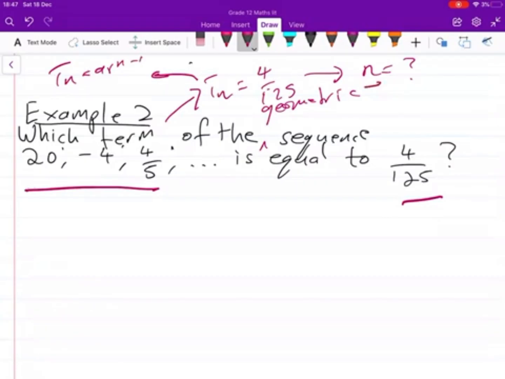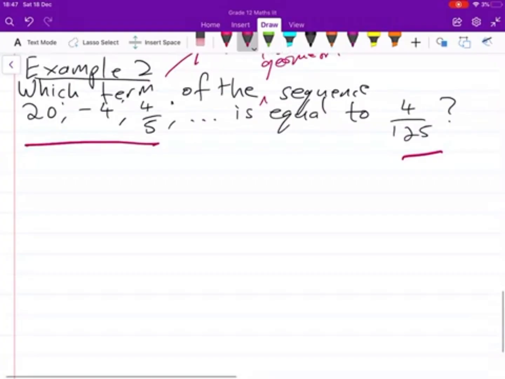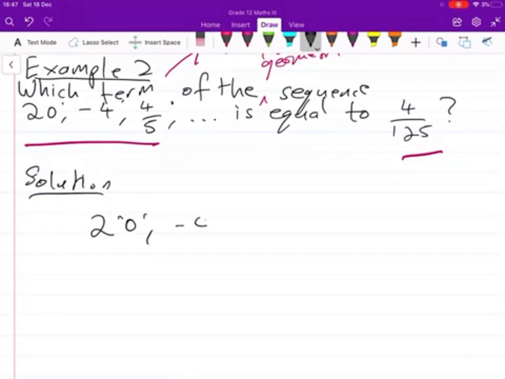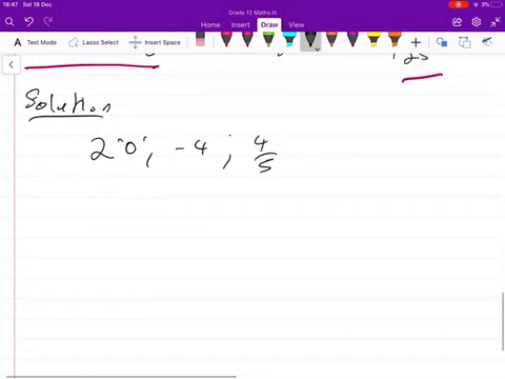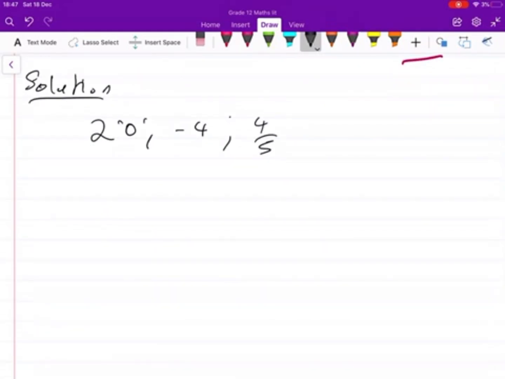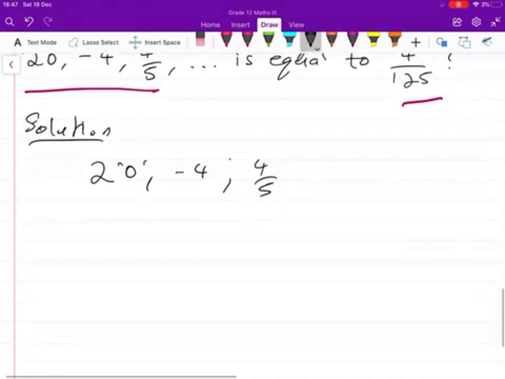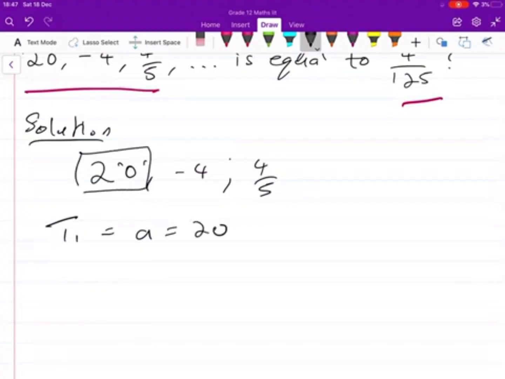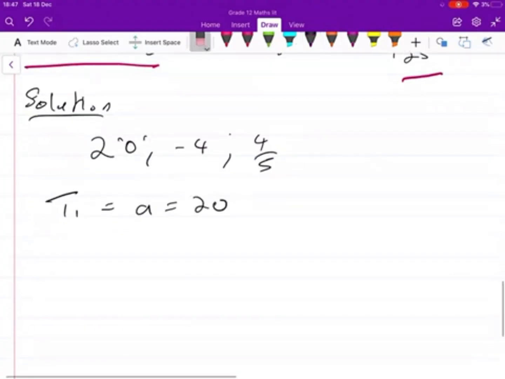A very interesting process that I will expose you to. So let's start here. You have 20, minus 4, and 4 over 5. I've told you already that this is a geometric sequence. If they just said sequence, you must determine whether it is a geometric sequence or not. The first step, guys, is to write our first term, and as we notice here, our first term is 20. That's okay and well.